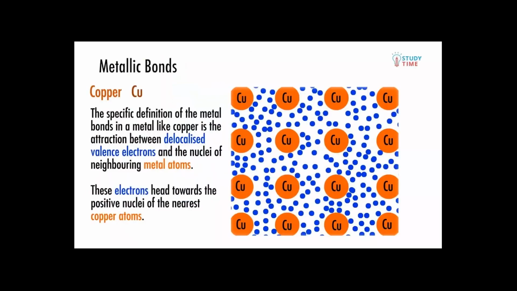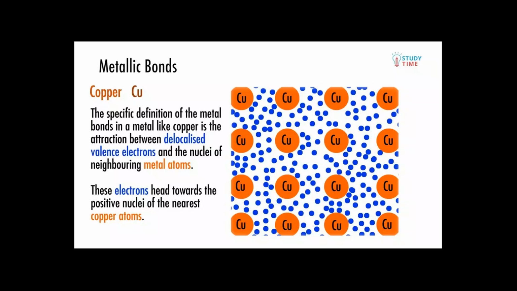And then the metallic bonds in copper. We've done copper before. The specific definition of a metal bond is that the metal, like copper, is the attraction between delocalized valence electrons and the nuclei of the metal atoms. These electrons hold the copper atoms in place, and therefore the more valence electrons you have, the stronger the metallic bond.